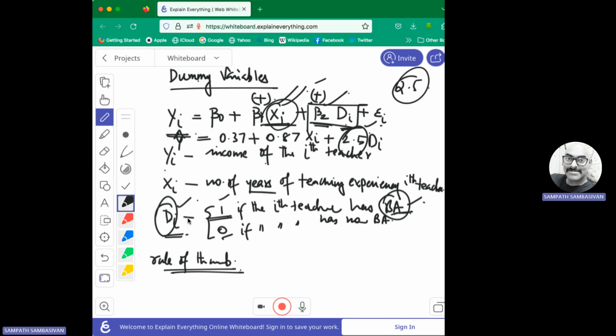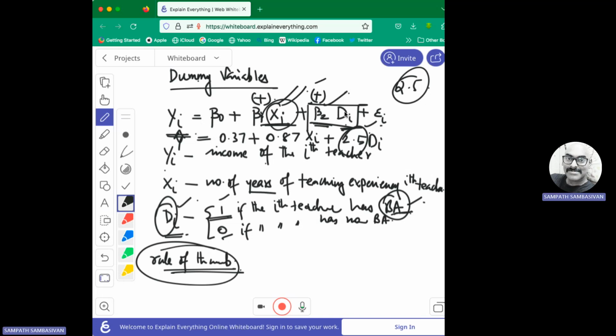So here you can see that this dummy variable di, this single dummy variable, captures two conditions that are in place. We have defined it in such a way that it is 1 if the teacher has a BA degree, and 0 if the teacher has no BA degree. So to represent the two conditions, we have just one dummy variable. This leaves us with a rule of thumb. What is that rule of thumb?